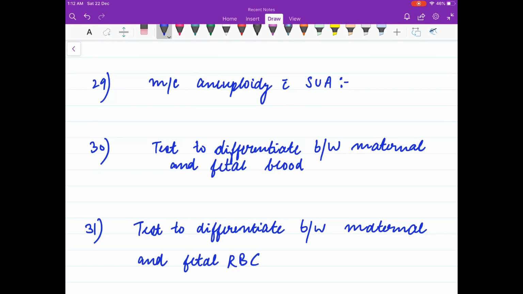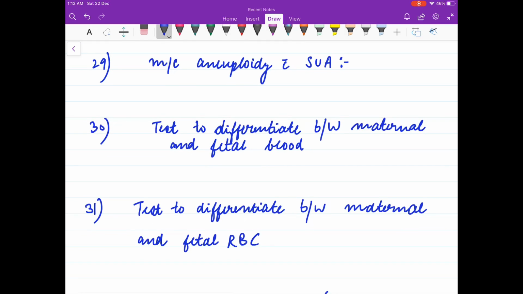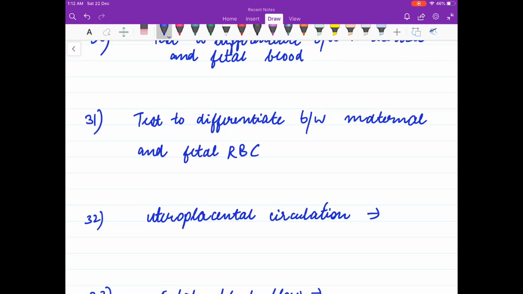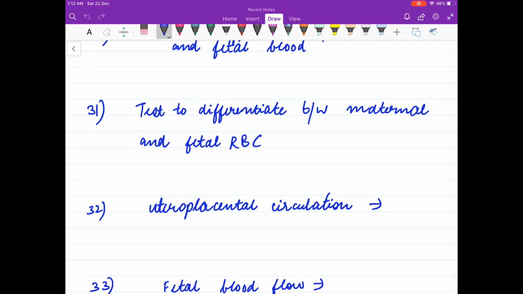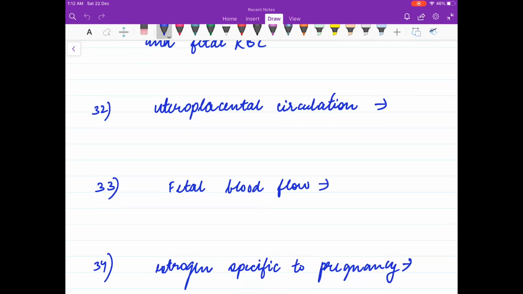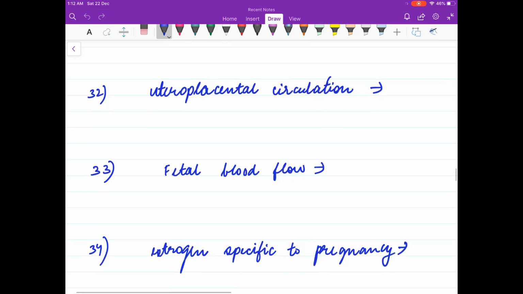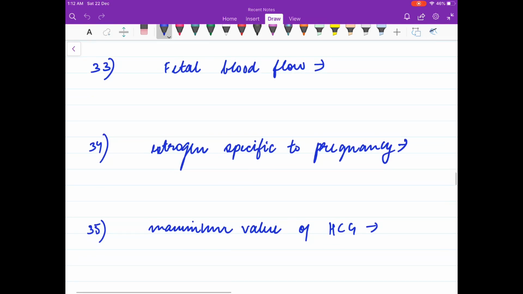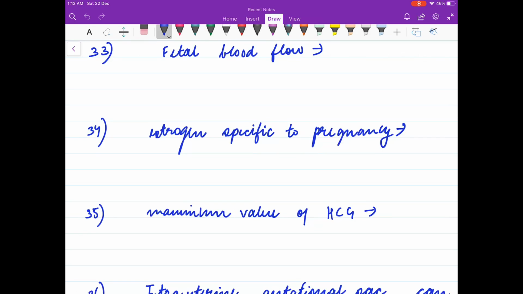Most common anomaly with single umbilical artery? Test to differentiate between maternal and fetal blood? Test to differentiate between maternal and fetal RBCs? Uteroplacental circulation is established at what time? Fetal blood flow is established at what time?